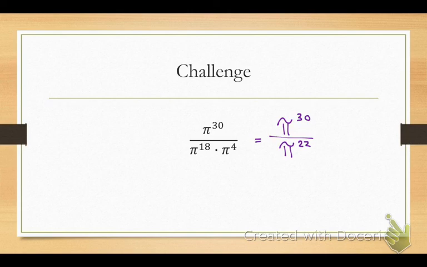Yes, then you subtract the exponents. So 30 minus 22 is 8. Even if it seems complicated, it's really not. Wait, how'd you get 30 minus 22? Because 18 plus 4 down here is 22, and then I would subtract them.